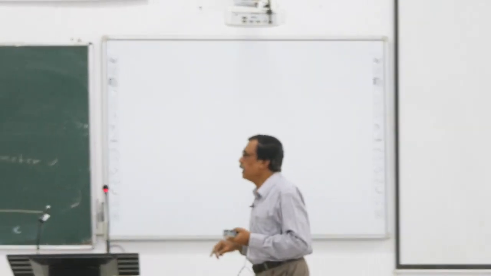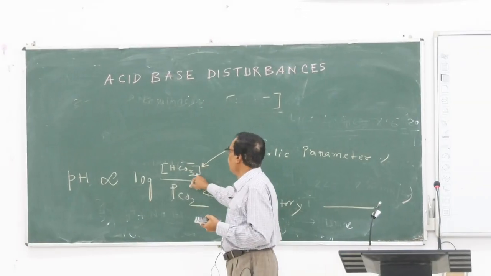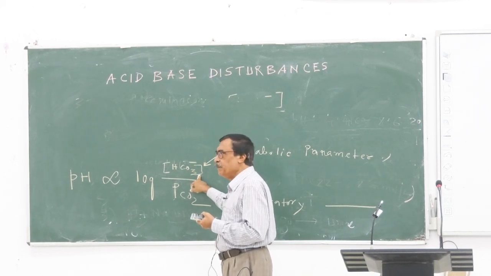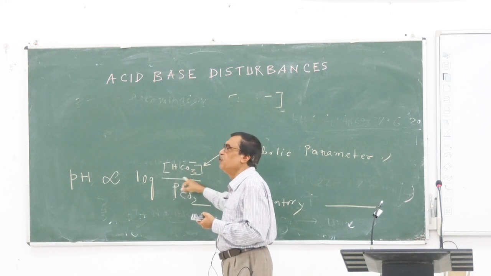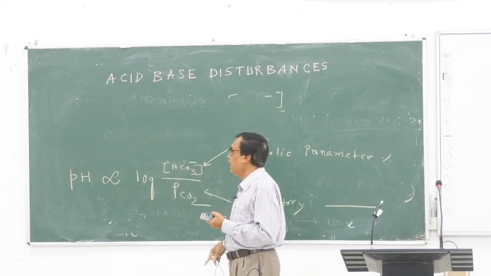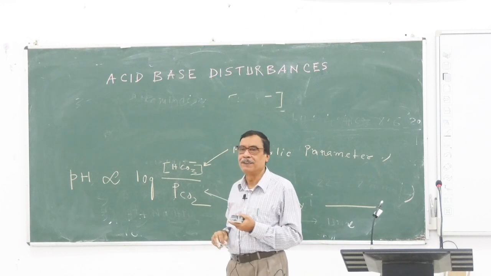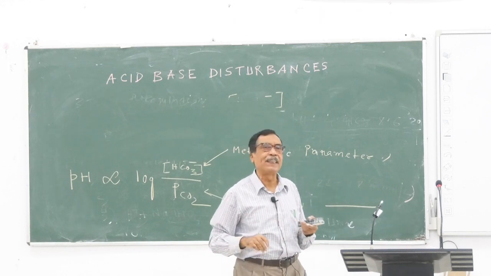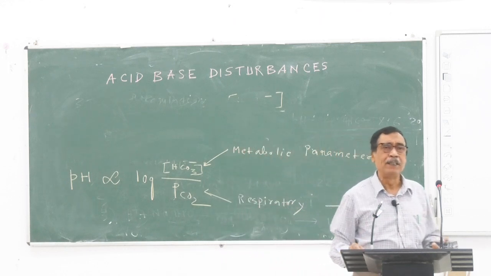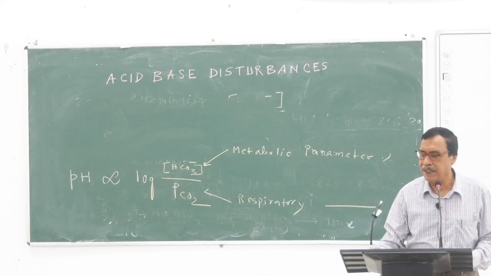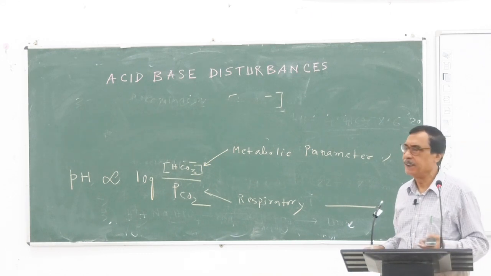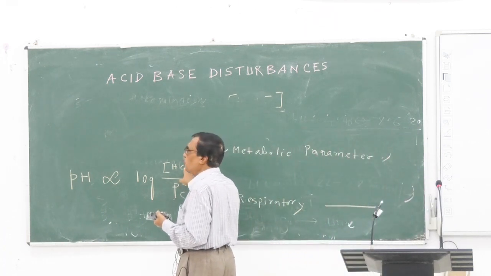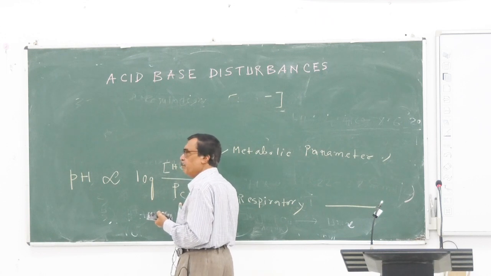If this primarily decreases, there will be metabolic acidosis. If this primarily increases, the ratio will be more than 20, pH will be more than 7.45, and there will be alkalosis. Similarly, the normal PCO2 range is 35 to 45 millimetres of mercury. Pressure is always in mercury, and the bicarbonate range is 22 to 28, and this is 35 to 45.